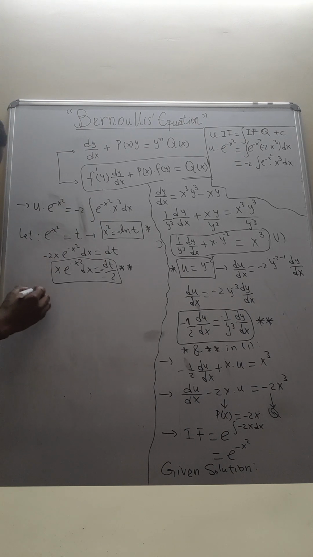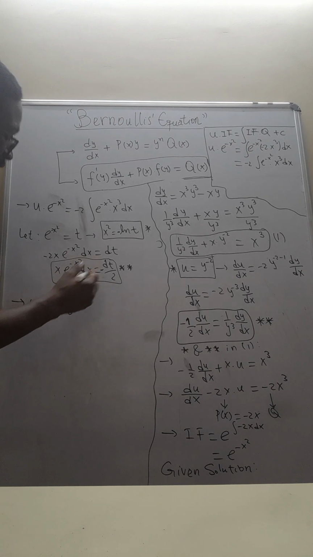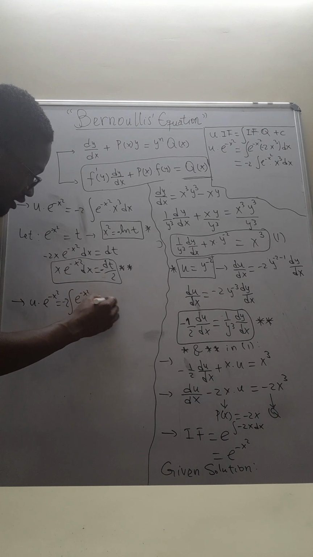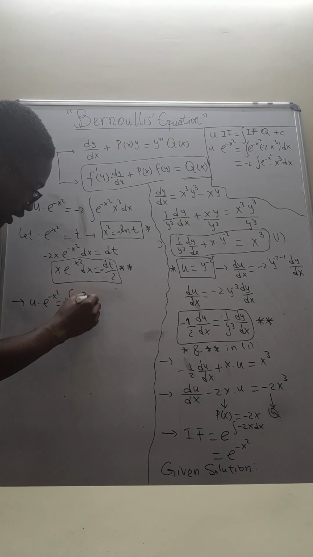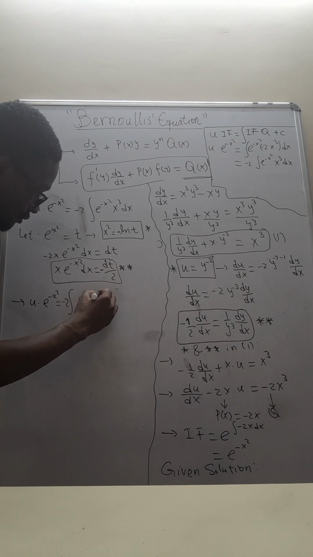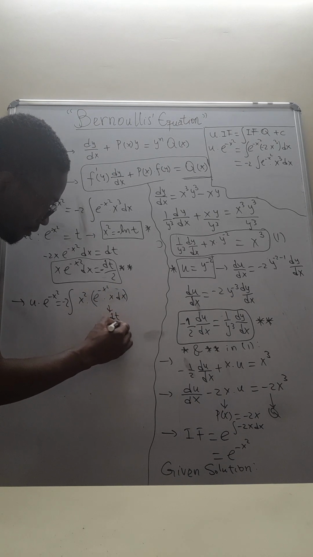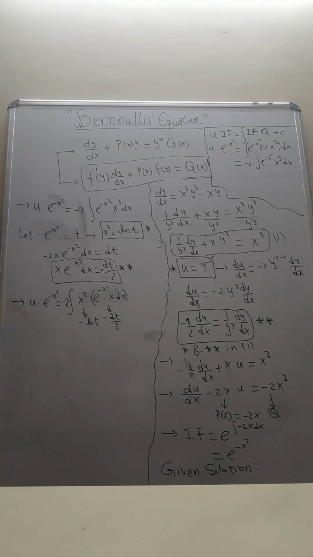I will pick up these two expressions and substitute. How to substitute? I will get u times Euler raised to minus x squared equals minus 2 times the integral of Euler raised to minus x squared times x dx times x squared. This expression, x Euler minus x squared dx, is minus dt by 2, and x squared is minus ln of t.